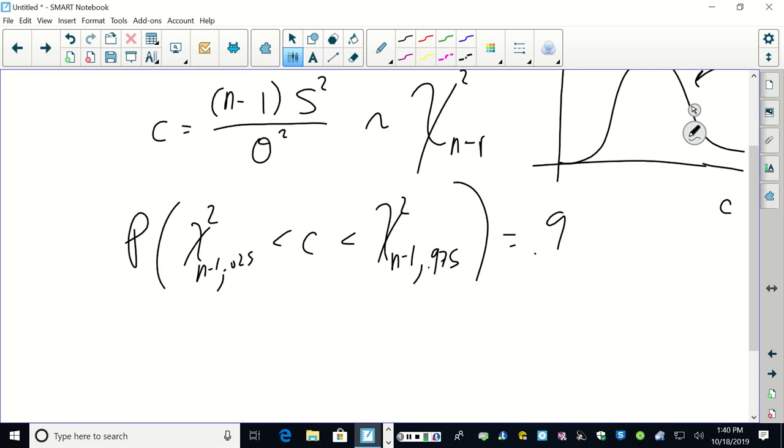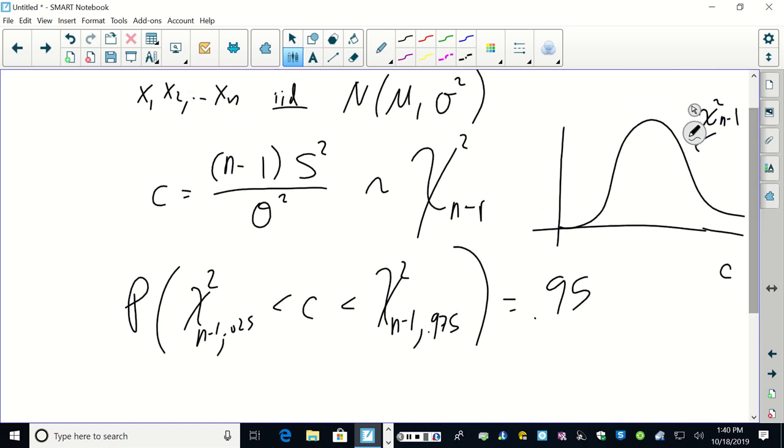That probability is 95%. So where those 2 points are, like my red ones, find the center 95%, 2.5% on this tail, 2.5% on that tail. And that's a true probability statement. There's no arguing about that. That's the area under the curve, the 95%, 2.5%. It's not symmetric because it's skewed, but that's okay.